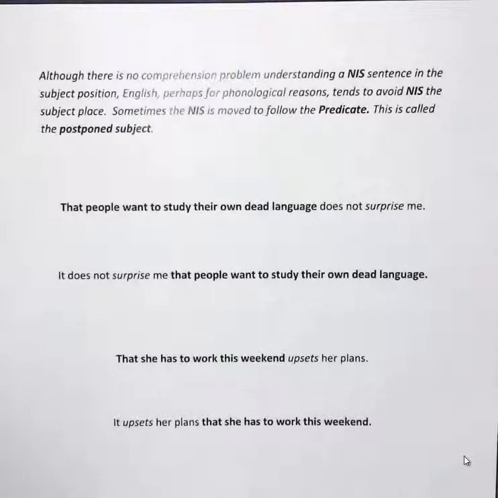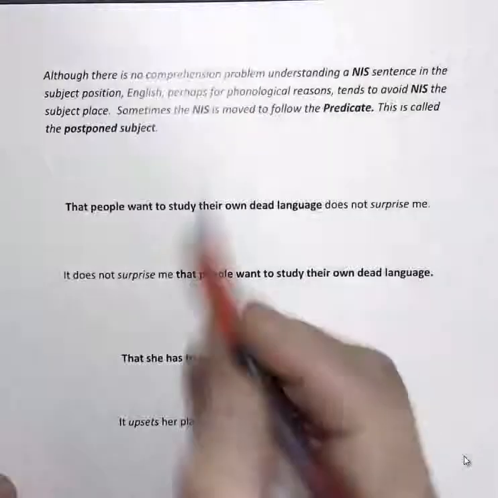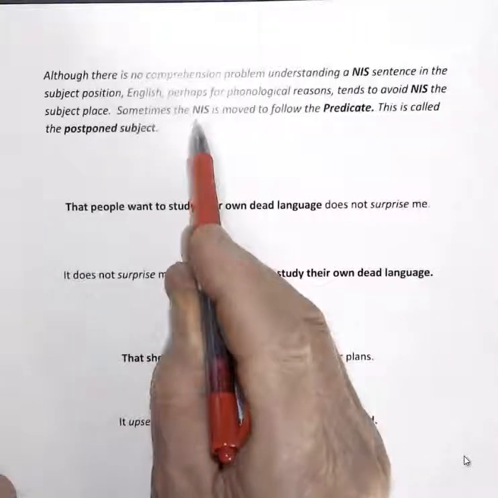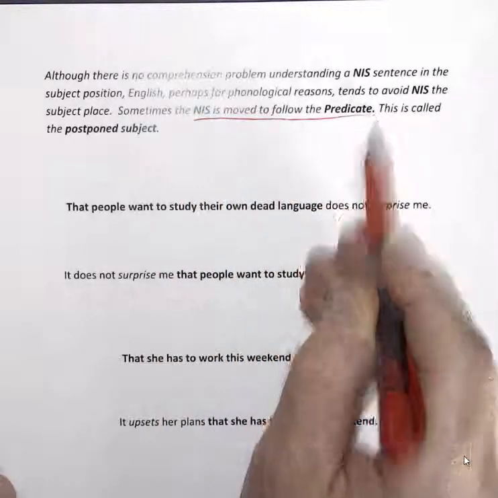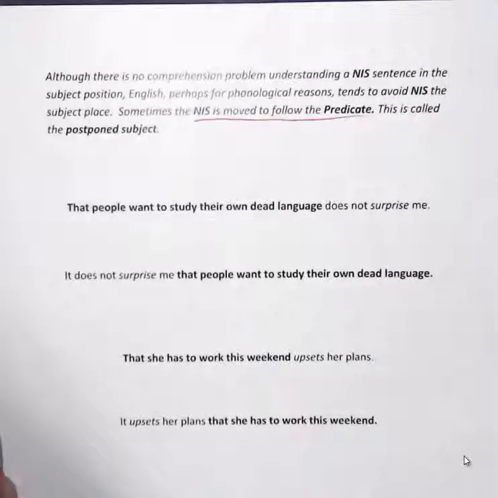Usually we don't find it very often. And sometimes when someone does put a nominal included sentence and they want to use it like the subject, what they actually do is take the nominal included sentence and move it so that it follows the predicate. And this is called a postponed subject. So let me show you.